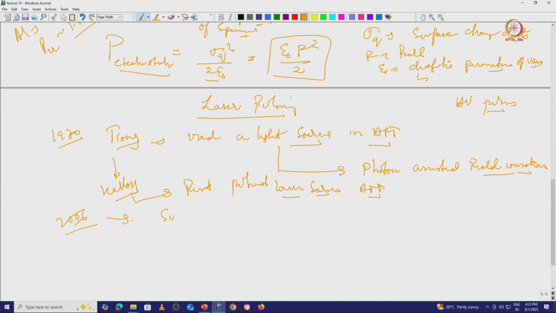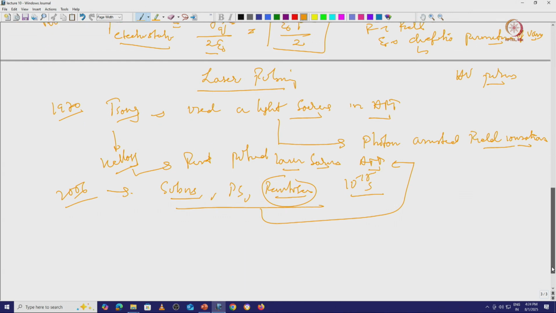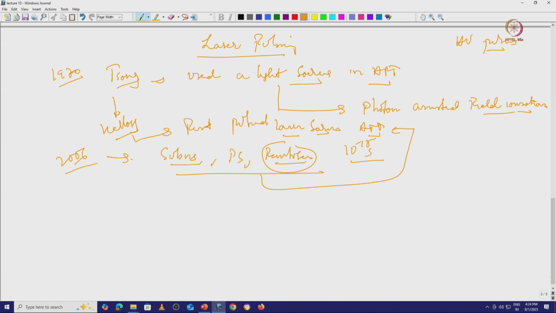Previously it was sub nanoseconds, now it is available in picoseconds and even femtoseconds. As I told you in the last class, a femtosecond is 10 raised to power minus 15 second. These have been successfully implemented on the new APTs. So we will discuss a little bit about the interaction of this laser with the sample.